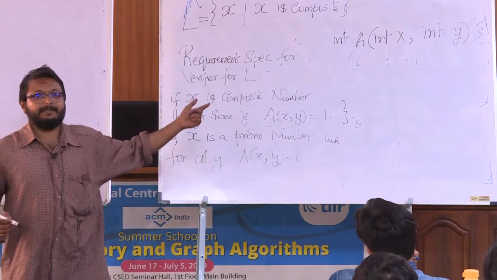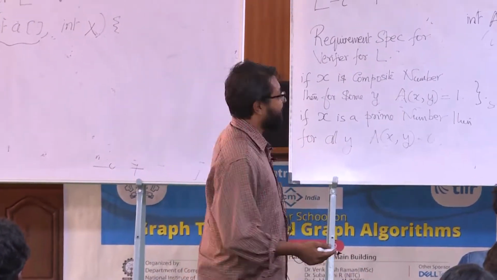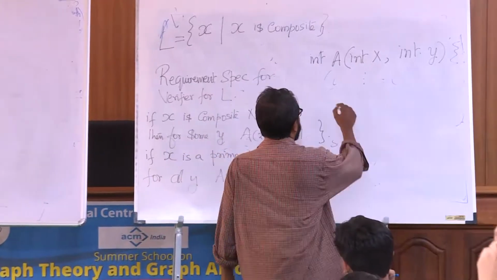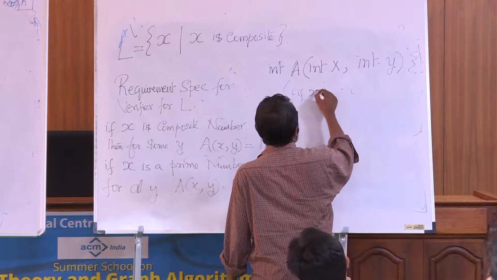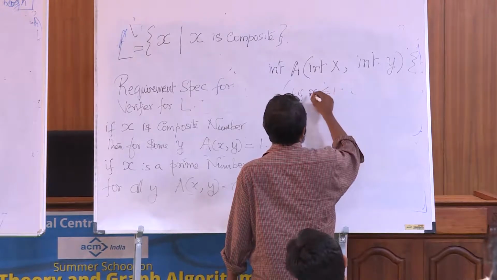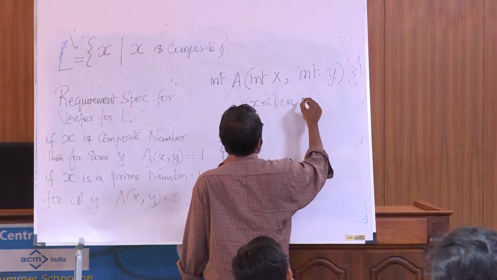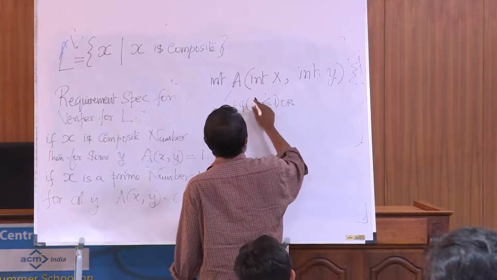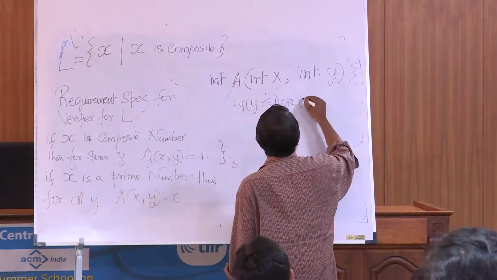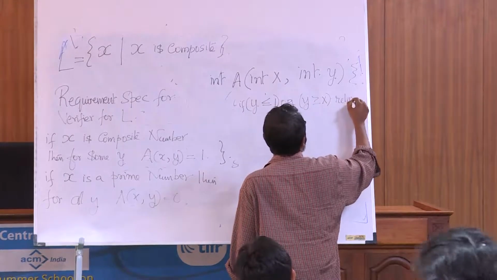What should this algorithm do? Write down the algorithm. If x is less than or equal to 1 or y is less than or equal to 1 or y is greater than or equal to x, don't accept.